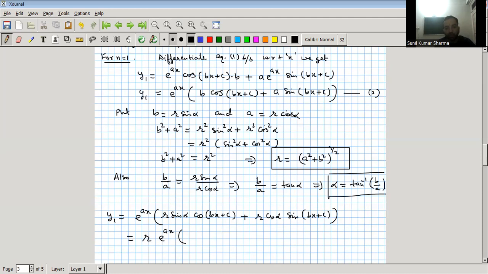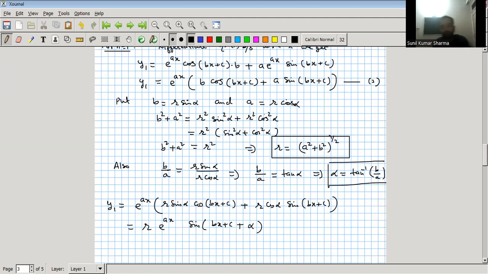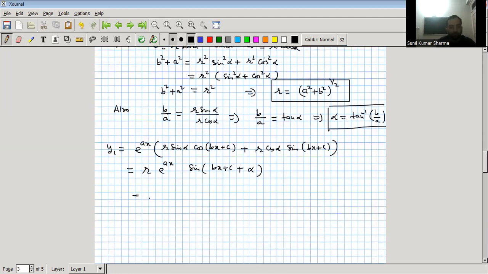So it is sin a cos b plus cos a sin b, which is nothing but sin a plus b. So we can write sin of bx plus c plus alpha. Now r is equal to a square plus b square to the power 1 by 2, e to the power ax sin bx plus c, and alpha is tan inverse b by a. So this is our y1.